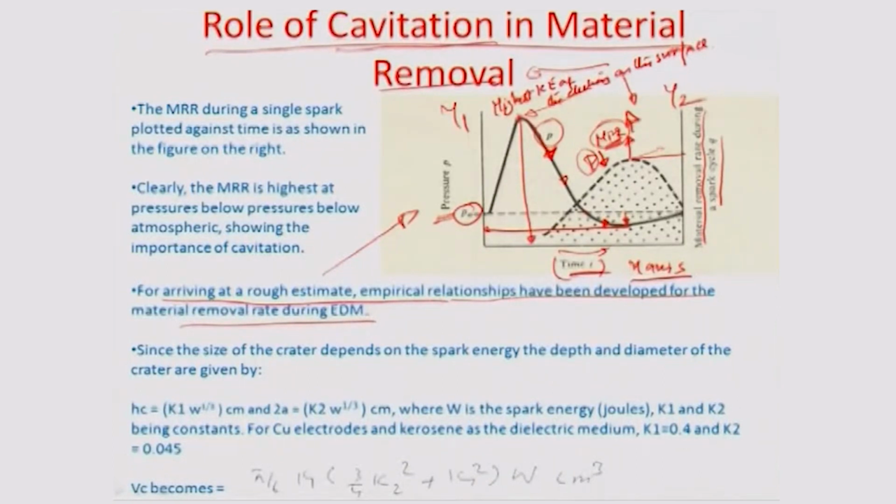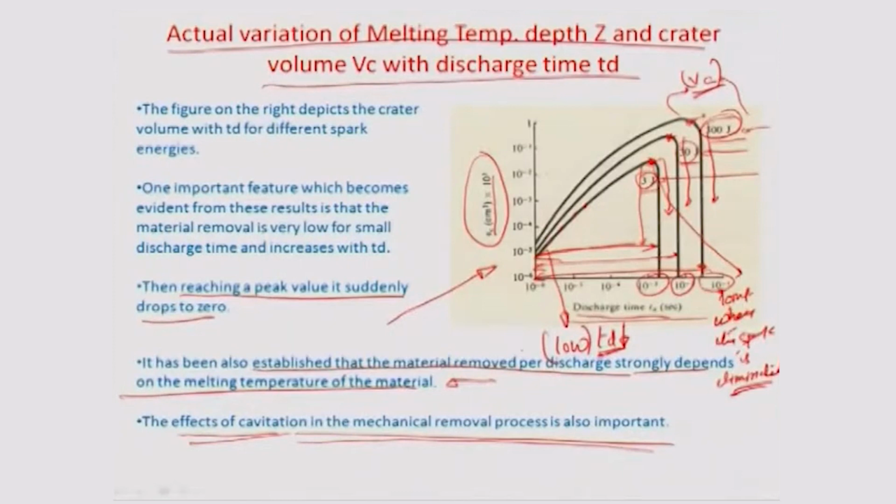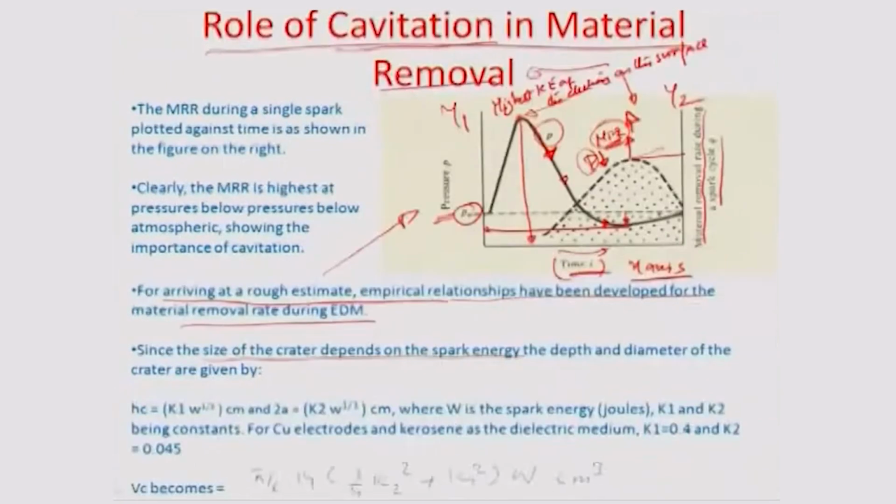One is that the size of the crater would depend on the spark energy, as you can see in this graph, that as the spark energy is increased, the crater size, the VC, is also increasing. More energy delivered means more melting, and so the size of the crater really depends on the depth as well as the diameter.